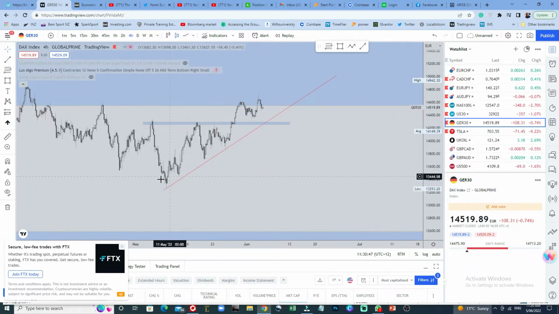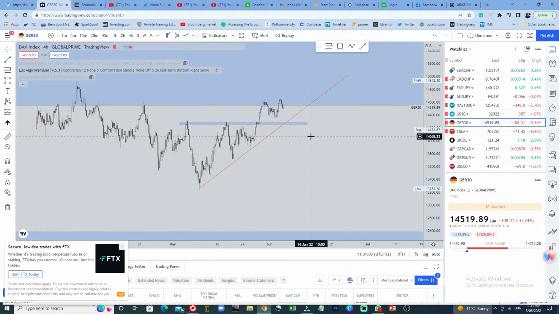Look at it. Let's take it from here. It went up here, tested this level. It came here, it rejected it. Made an attempt again, it rejected it. Came for another time again. It consolidated a little bit and pushed to the upside, broke it, and started pushing to the upside.